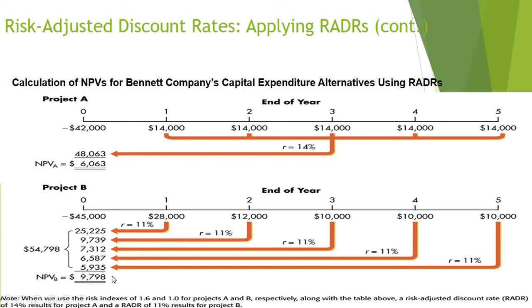So based on the risk adjusted discount rate for both projects and the cash flows of these projects, we can say that project B is better than project A because the NPV of project B is much higher than the NPV of project A.